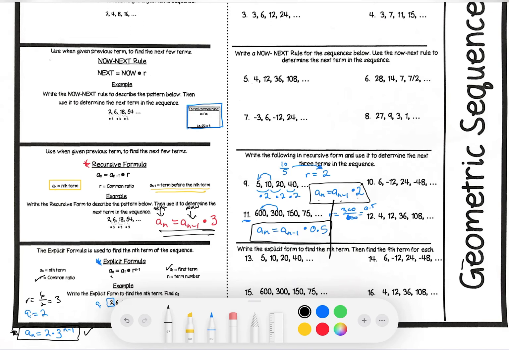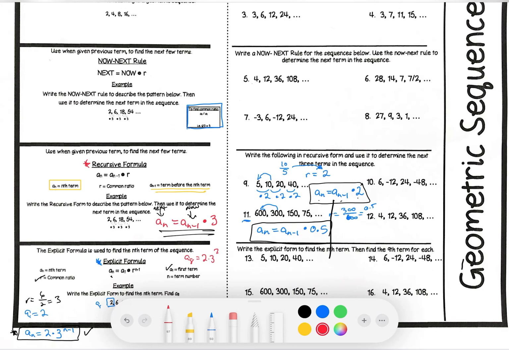We got our formula. But to find the 8th term in the sequence, we're going to substitute for n 8, all right, and find the 8th term in the sequence. So this becomes a sub 8 equals 2 times 3 to the 8 minus 1, or we say to the 7, all right, to the 7.